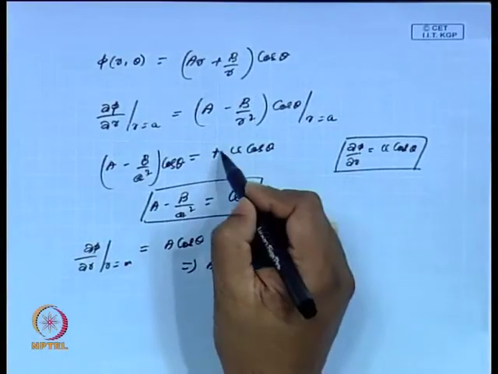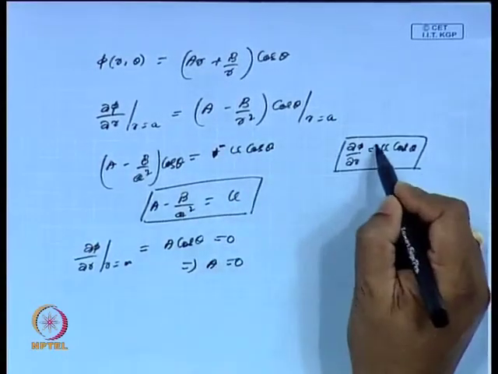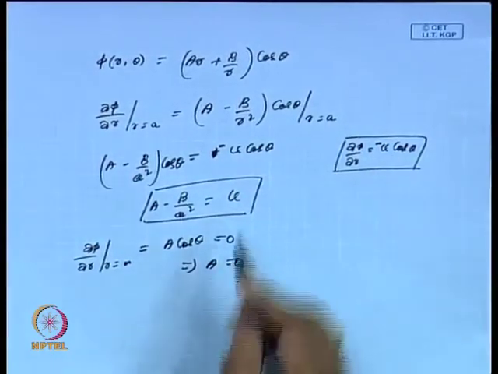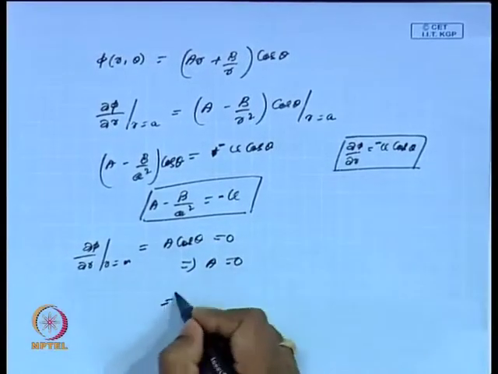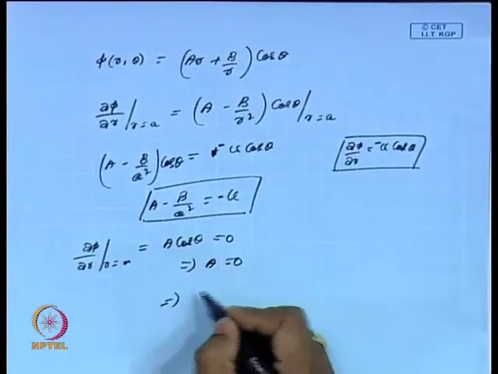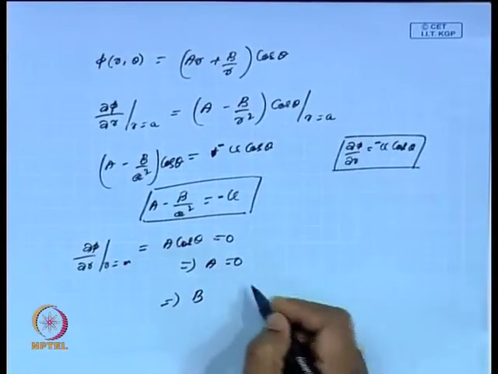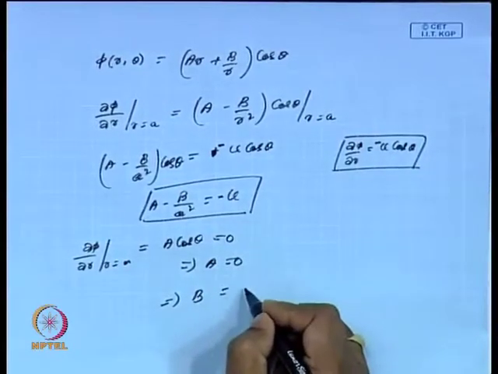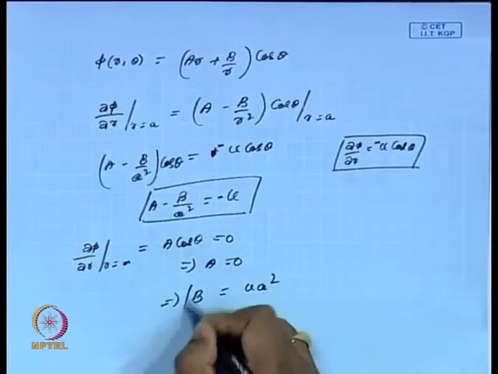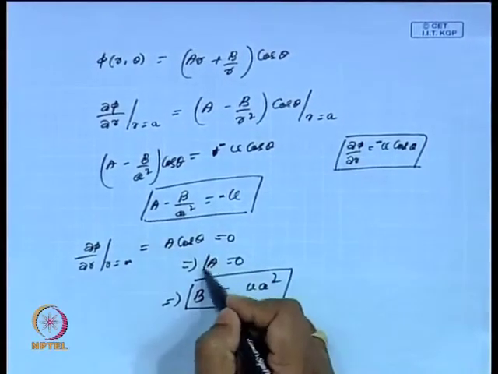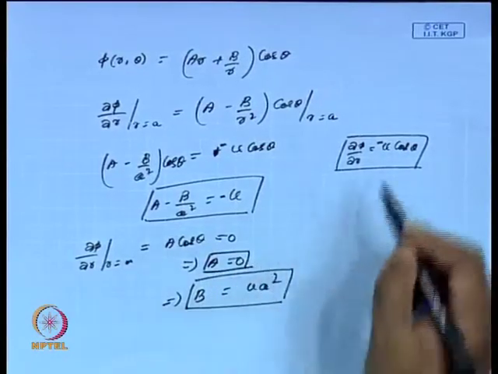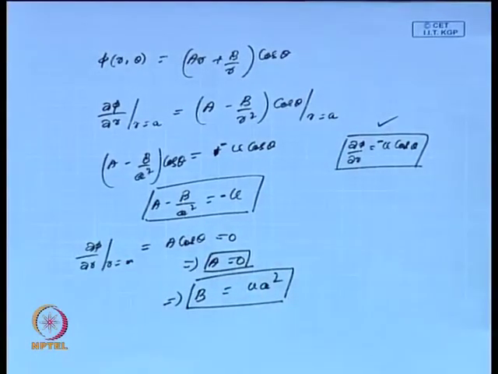Okay, so this is actually minus b cos theta, this is fine. My a is 0, which implies b is equal to u a square, and now it is clear, there is no problem, this assumption is clear.